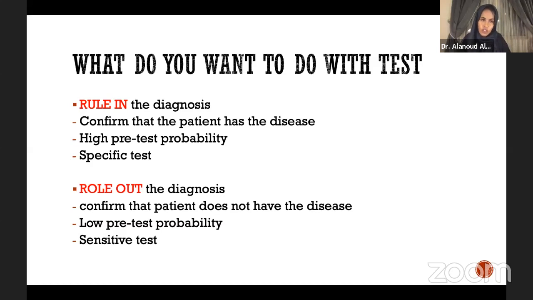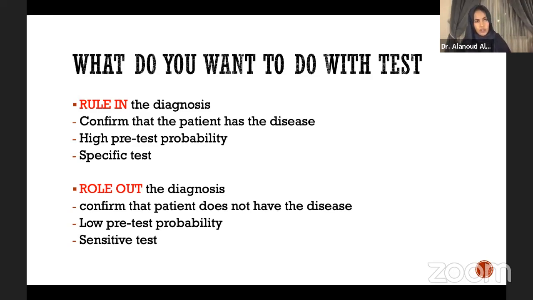Since the disease is very contagious, your probability of having COVID-19 is very high. So, meaning that you need to rule in the disease. And in order to rule in the disease, you need to choose a very specific test.